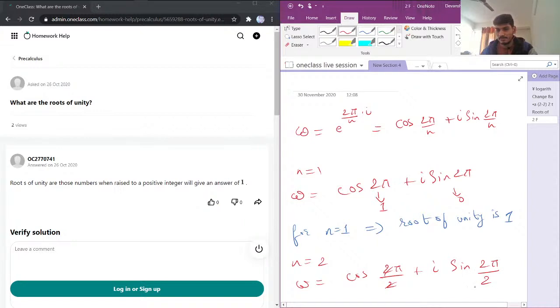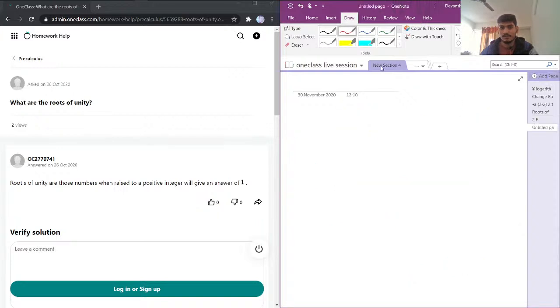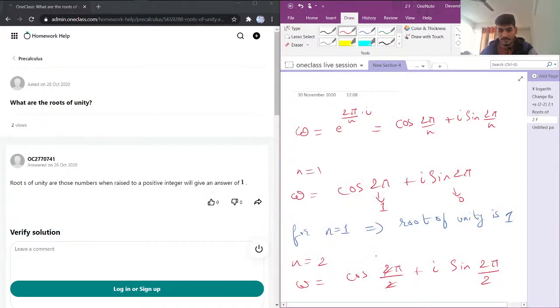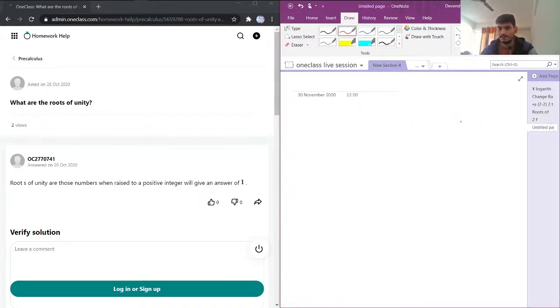So that will become cos of pi, which will be minus of 1, and sine of pi will be 0 again.